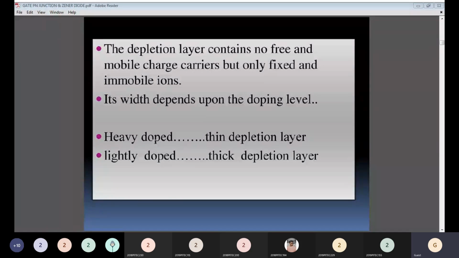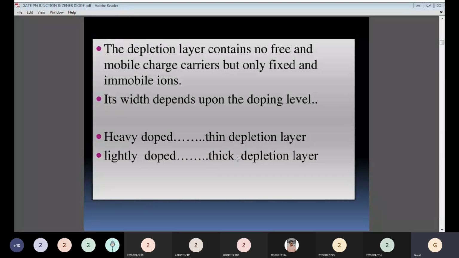If the material is heavily doped with impurities, then the depletion layer thickness will be very, very thin. If it is lightly doped, that is, if we add only a very small number of impurities to improve the concentration, then the depletion layer region will be thicker. So the depletion region has only immobile ions, it does not have any charge carriers.